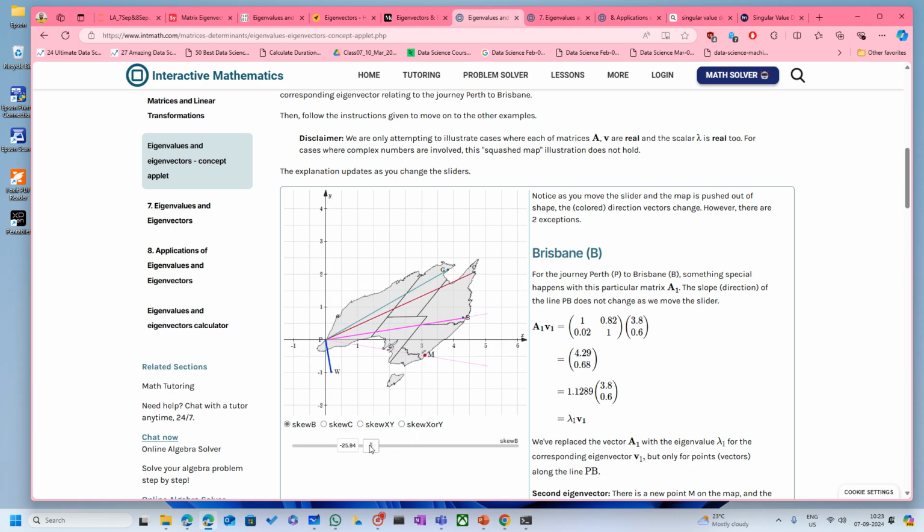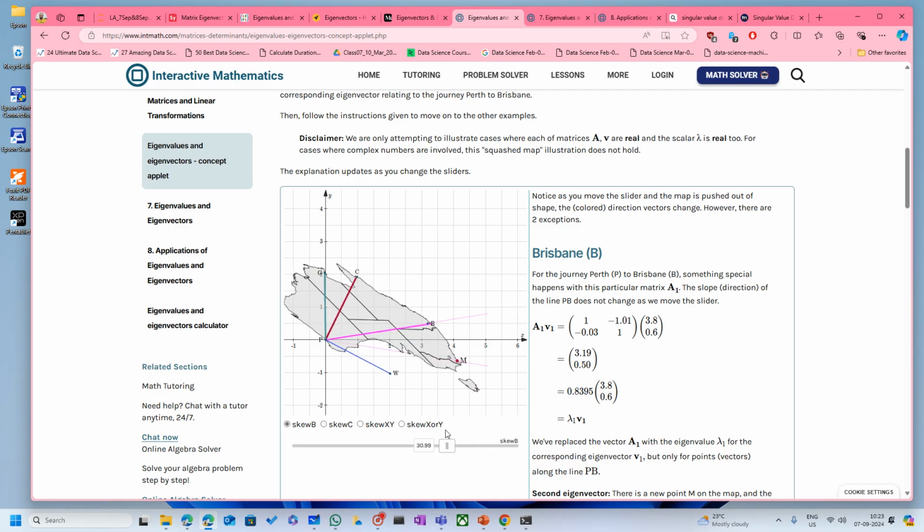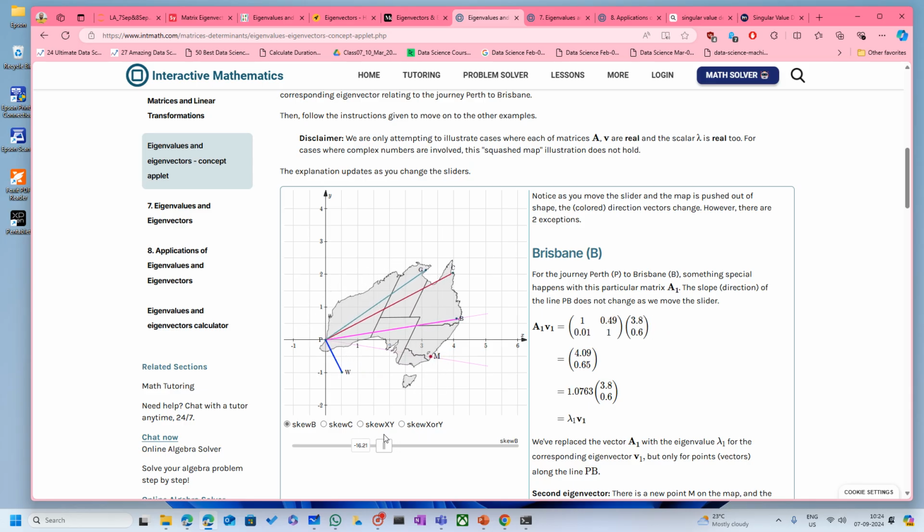Notice how it is stretching in the same line. Compare this pink line versus the blue line. The blue line is actually moving, but the B line is only stretching, not moving. So in this case, we say the line PB is an eigenvector.